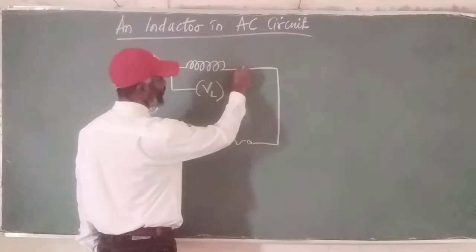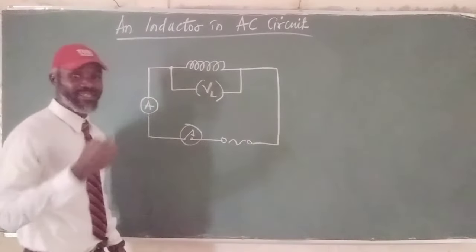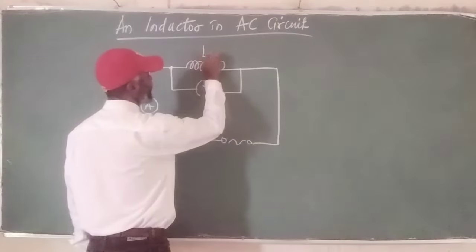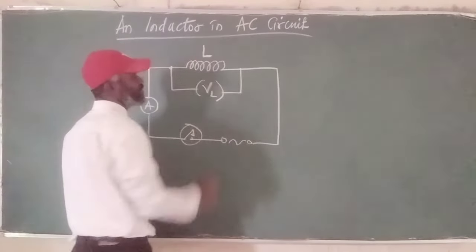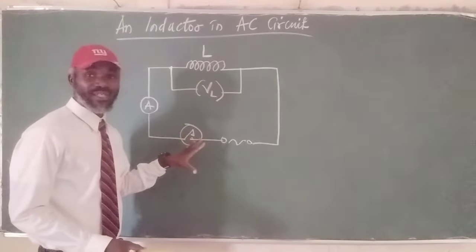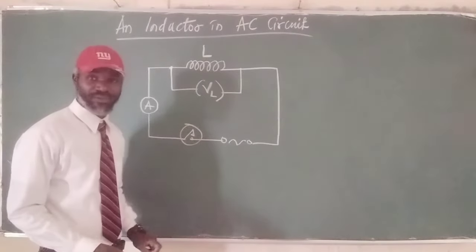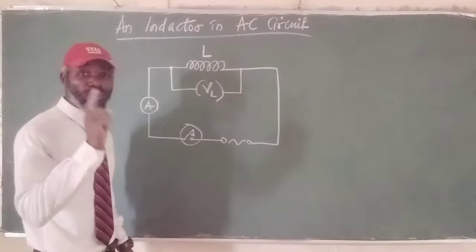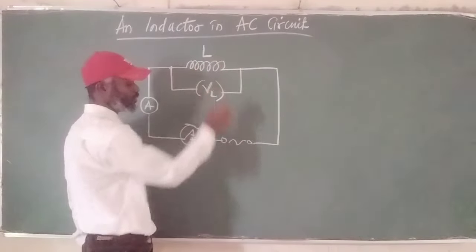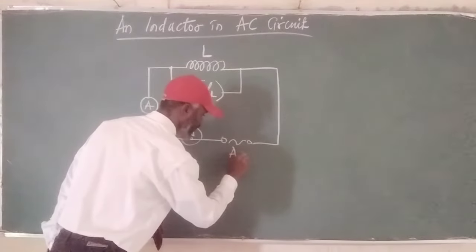An inductor is represented by a small letter L. These are the arrangements for the connection of an inductor in an AC circuit. We are going to check two or three things. One, the current flowing here, and the behavior of the inductor with the alternating voltage.